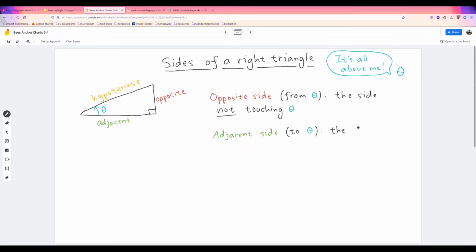Which one should I write? I could write either one. Let's say the shorter side touching theta.